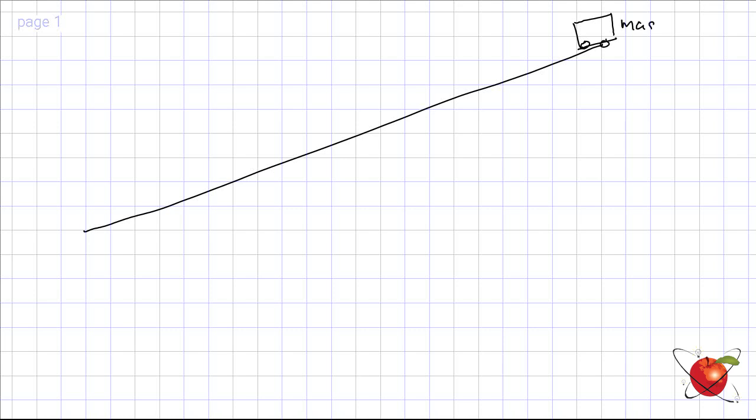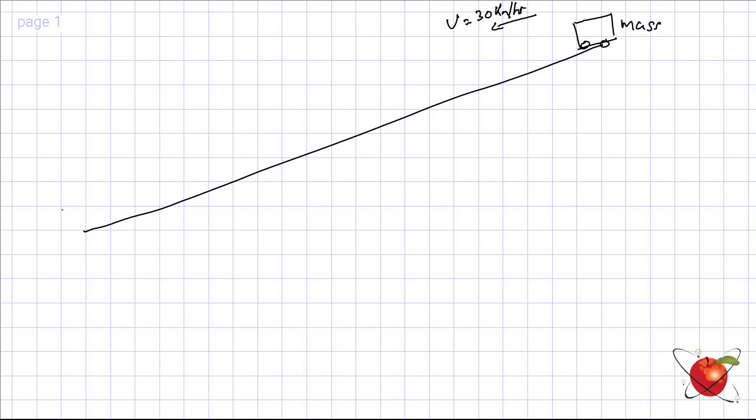Make sure I've got it on black. Yes, I have. This is what we are given. We are told there is a truck at the top there. This truck has got a mass, and it has got a velocity that way. And the velocity at the top of the slope is 30 kilometers per hour.